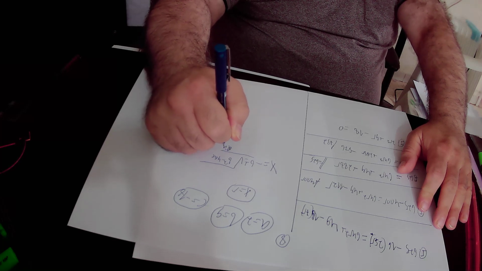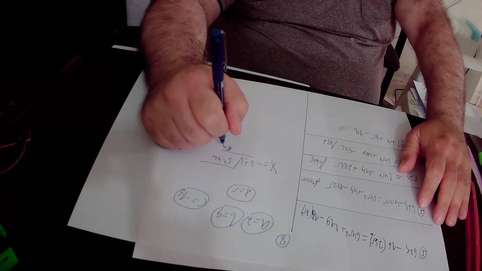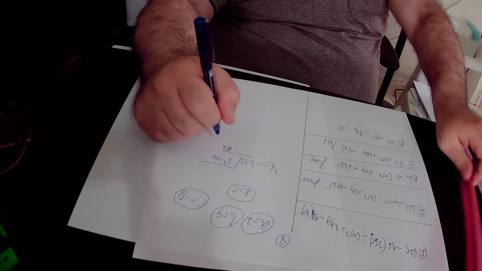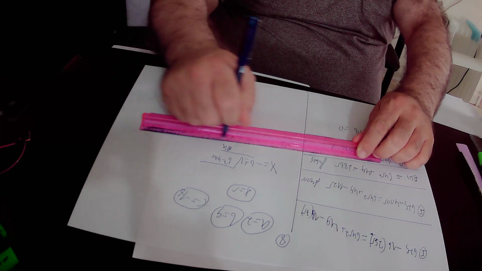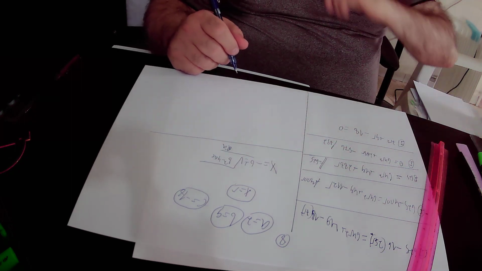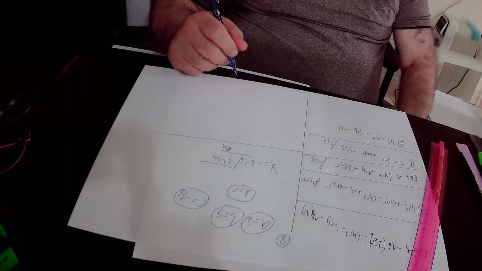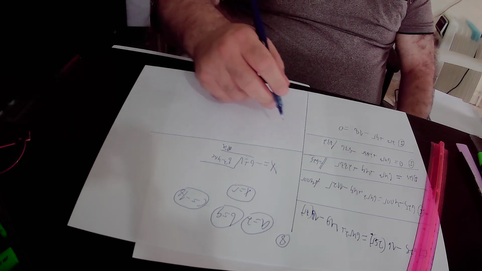Here a, b, and c are the coefficients of the general quadratic equation, and x is the variable that we are looking for. In our specific equation, the variable is r, so we substitute x by r.